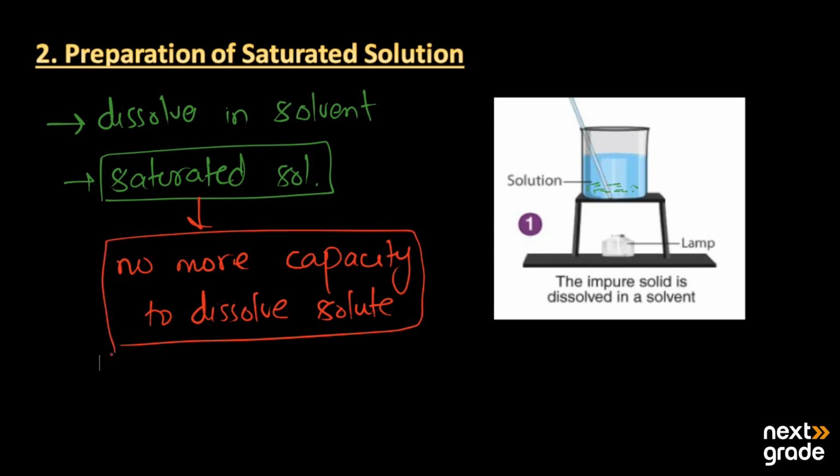When we have just prepared the saturated solution, the impure solid is dissolved in the solvent. That solid has the solute plus impurities in it, and we have to remove these impurities.